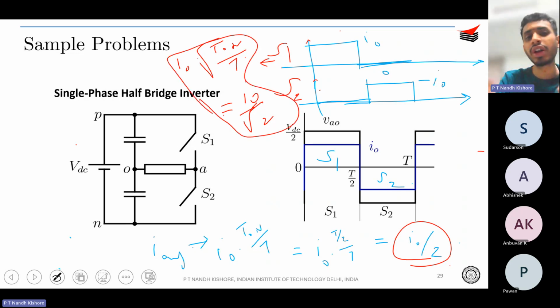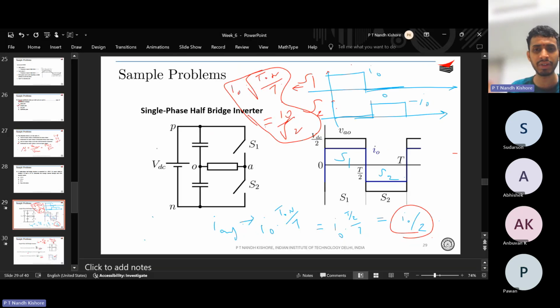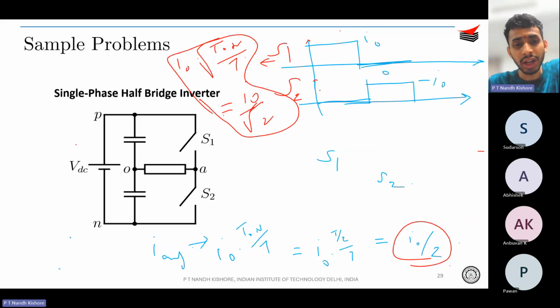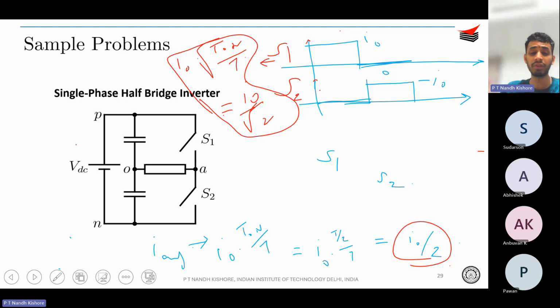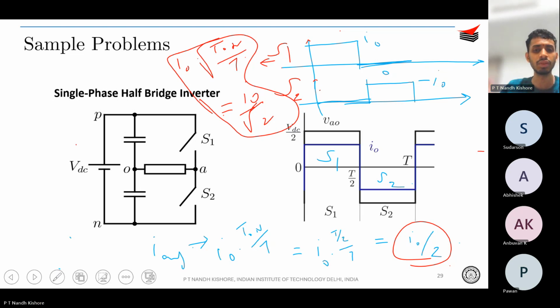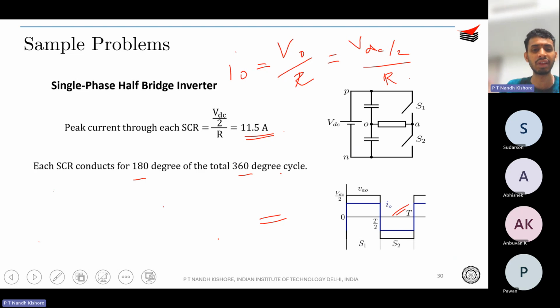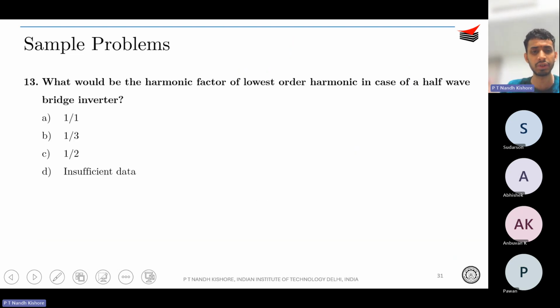Understood? It is simply the peak current, I naught, into root over T on by T. Based on that, if they ask for the power dissipated, it is simply I RMS square into R. So just keep the distinction between RMS and average, and you'll be good.